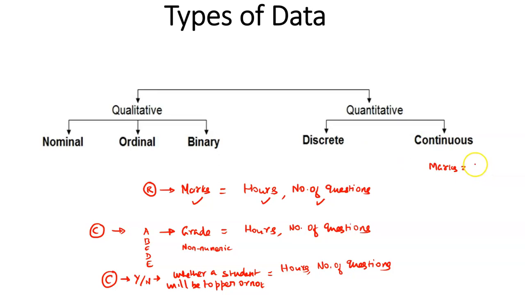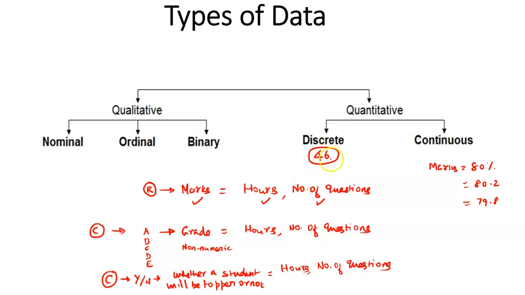Marks can be written as 80%, or I can write it as 80.2, or I can write it as 79.8. I can write it with decimal points. That is continuous, right? If you ask me how many students are there in the class, I will say that 46 students are there in the class.